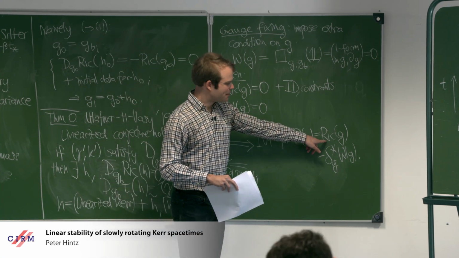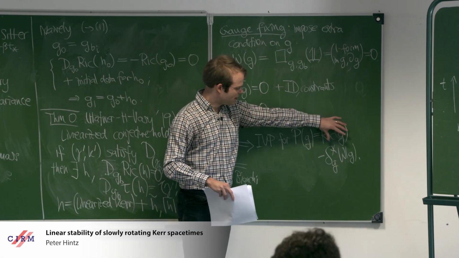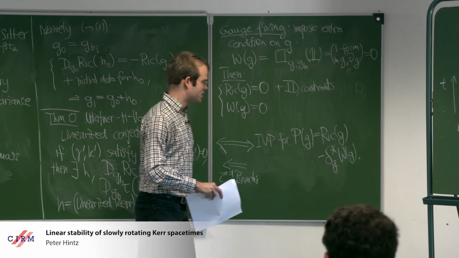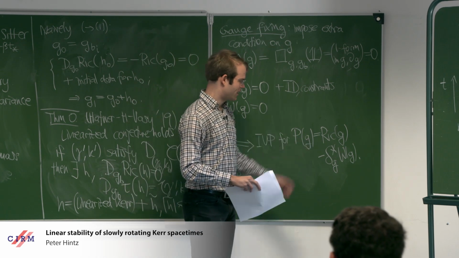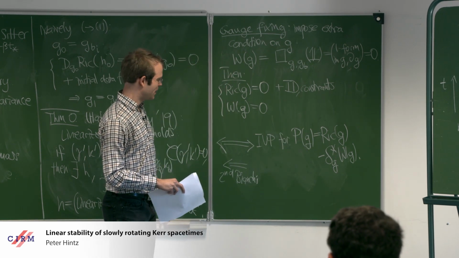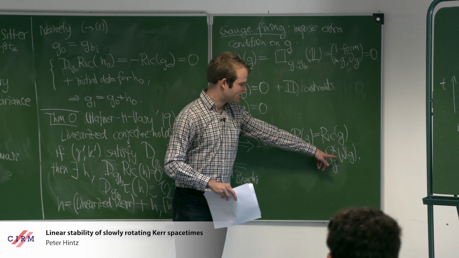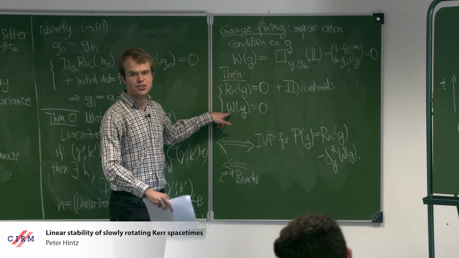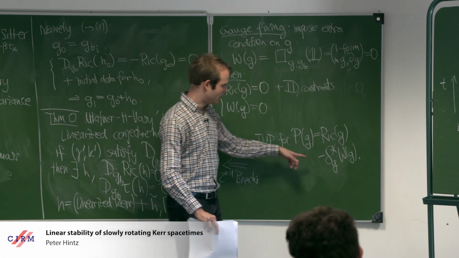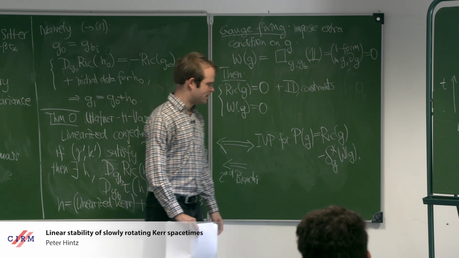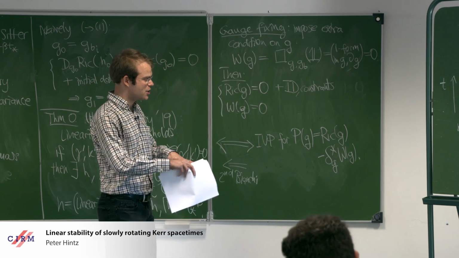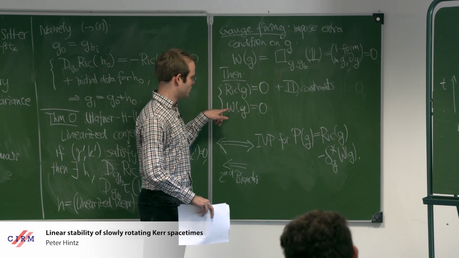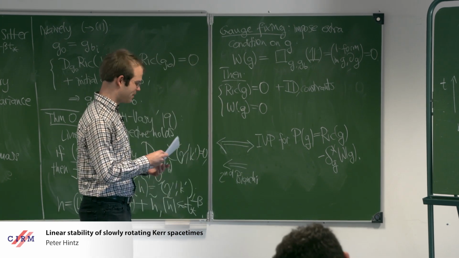So you can hit this with something like the divergence operator that kills Ricci, and you end up with a second order equation for W of G, which turns out to be a wave equation. Some second order thing, the only thing it could possibly be is a wave equation. And then you can arrange things such that this W of G vanishes initially by arranging this gauge condition initially and using constraint equations and so on. And then you can conclude that this W of G satisfies a homogeneous wave equation with vanishing initial data, so it must vanish identically. And you're back from a solution of this to a solution of this. So that's a super rough picture of it.